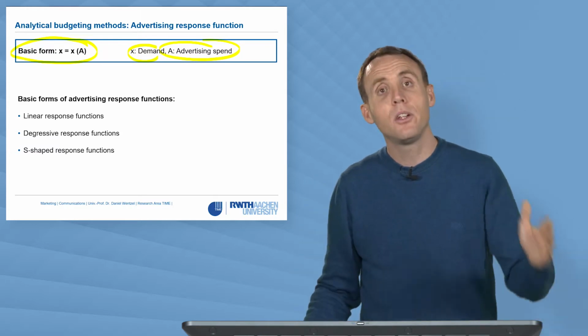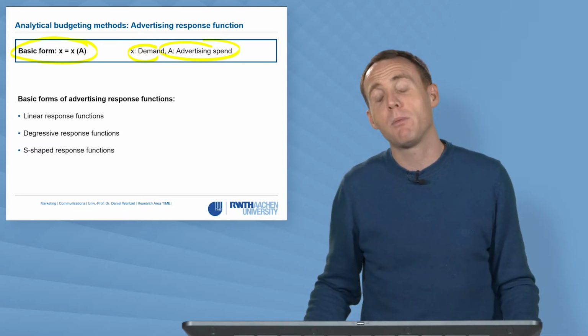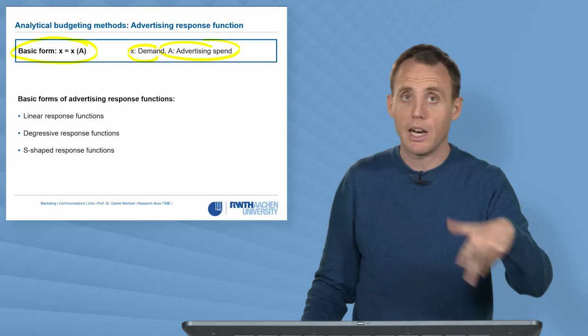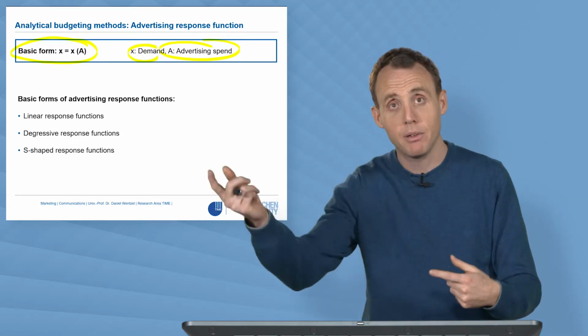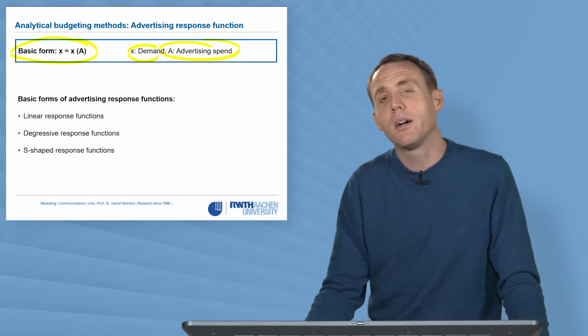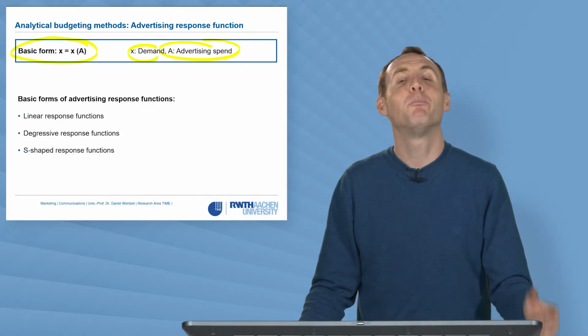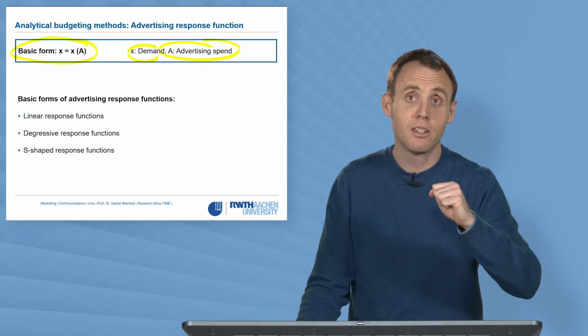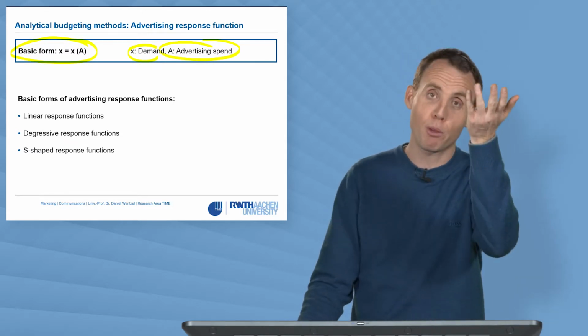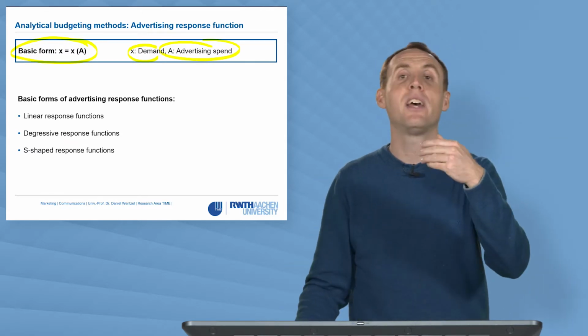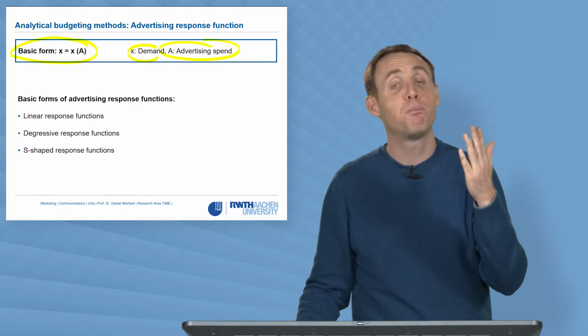You could construe the same in terms of advertising: I advertise and something else happens. The key difference is that the price response function is typically negative, so you go up with the price and demand goes down, whereas the advertising response function is typically positive.